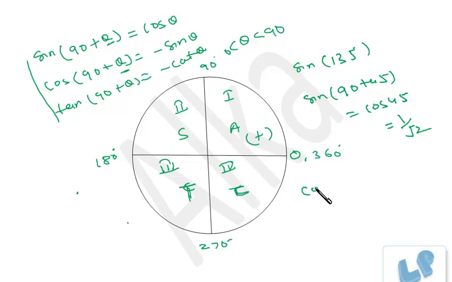Similarly, if I have to calculate cos 135, so I would write cos 90 plus 45, so that is minus sine 45. Sine 45 we know, that's 1 by root 2. So cos 135 will be minus 1 by root 2, right? Similarly, you can calculate other values as well. Okay, you just have to have some practice. After that, it will be very easy for you.